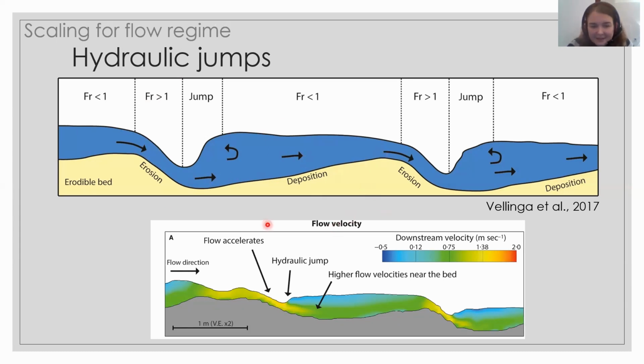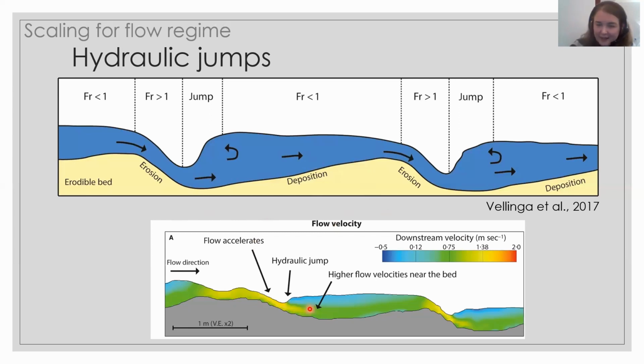You can also see this down here in the lower figure where you have the downstream velocities plotted. So you see in the supercritical flow, the overall flow is quite fast, whereas in the subcritical flow, you get this turbidity current that again is two-parted.